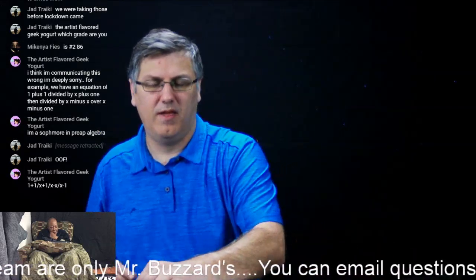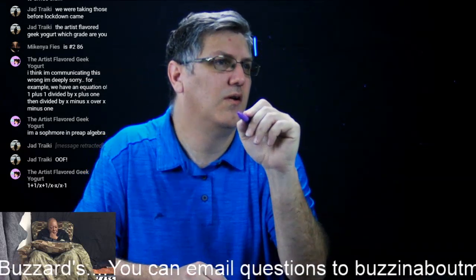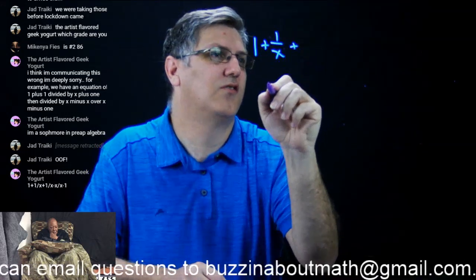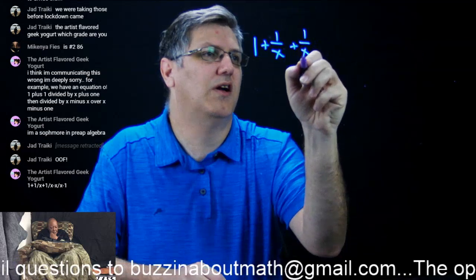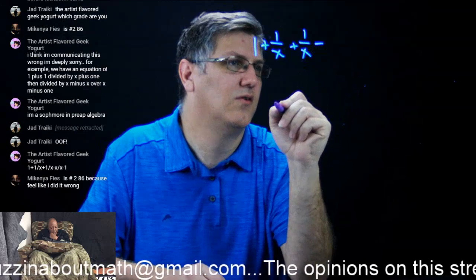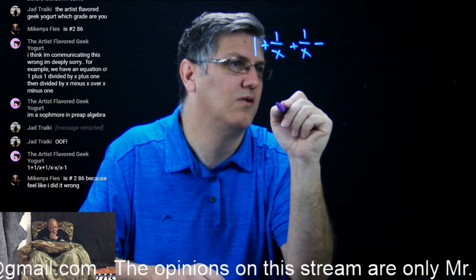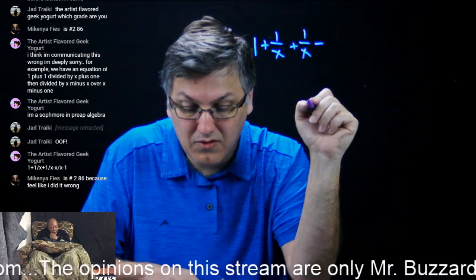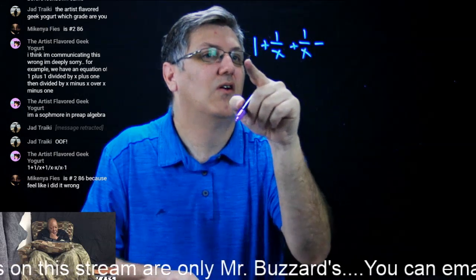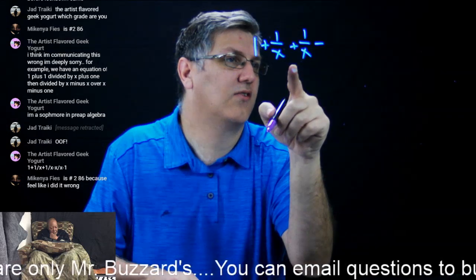No, they didn't. It's slightly different. So they have 1 plus 1 over x plus 1 over x minus... Right, I'll get you in a second. 1 plus x plus 1 over x.